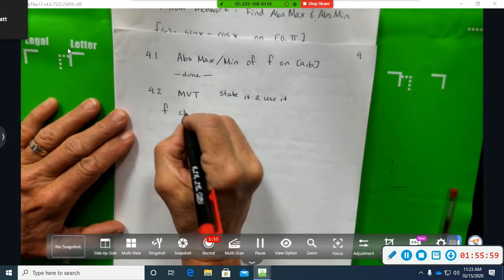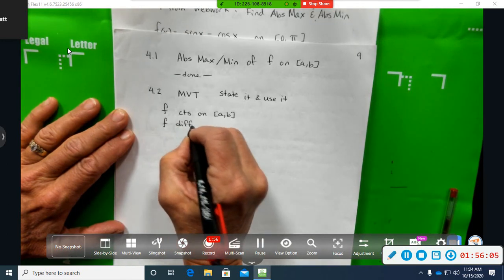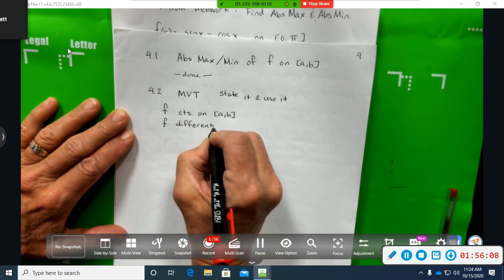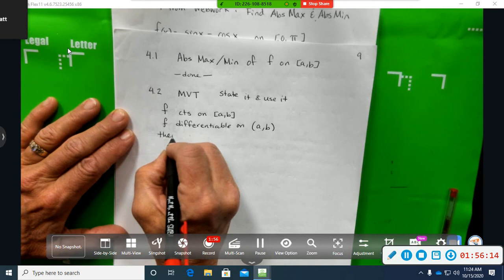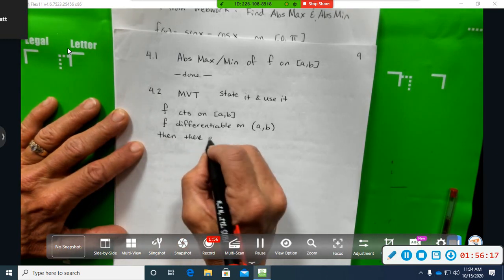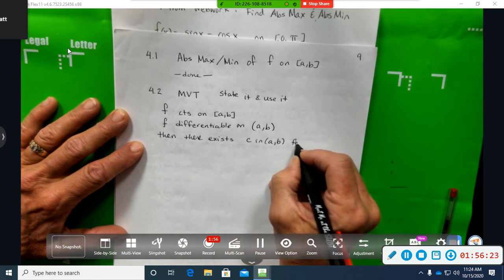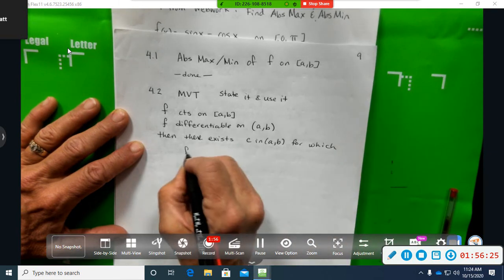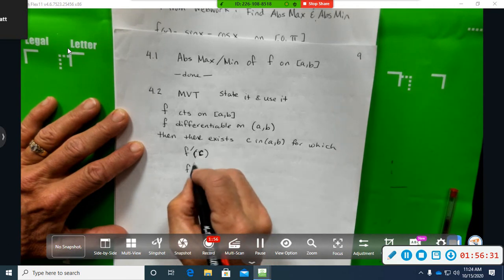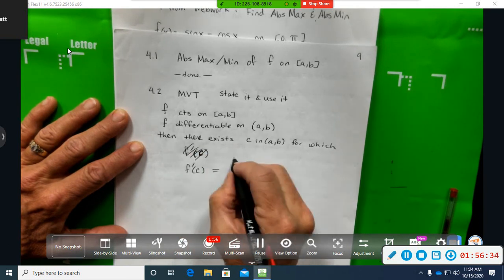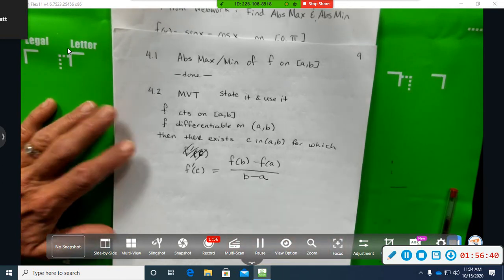So for f continuous on AB, f differentiable means it has a derivative, then there exists some number c in AB for which the slope of the tangent line at c is equal to the slope of the line through the 2 endpoints. Okay?